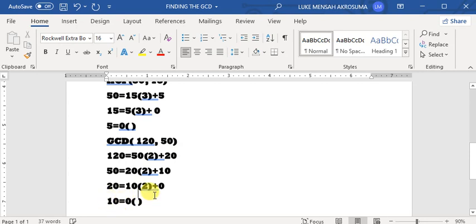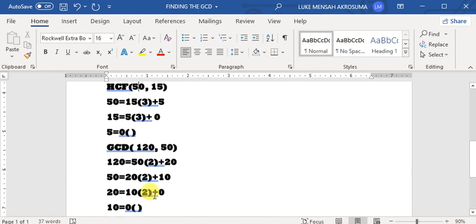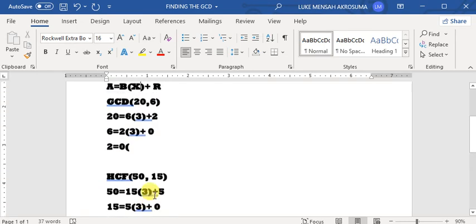Before we go, let's try to establish some generalizations. You realize that anytime you get a remainder of 0, it implies that you are near your GCD or HCF.